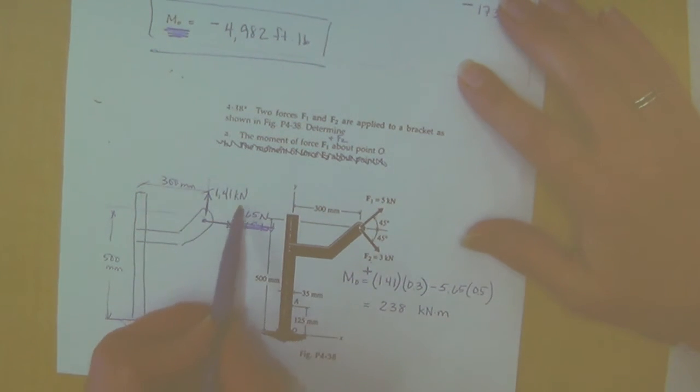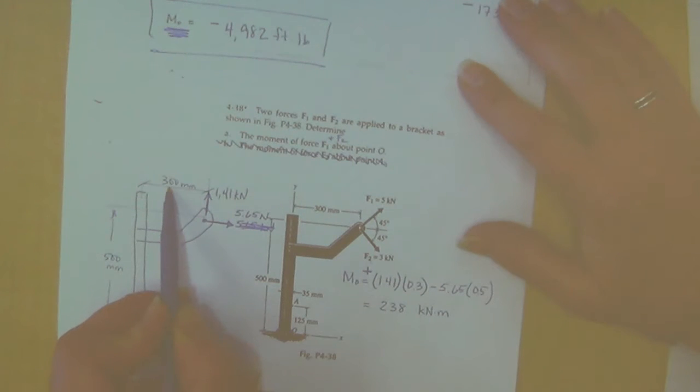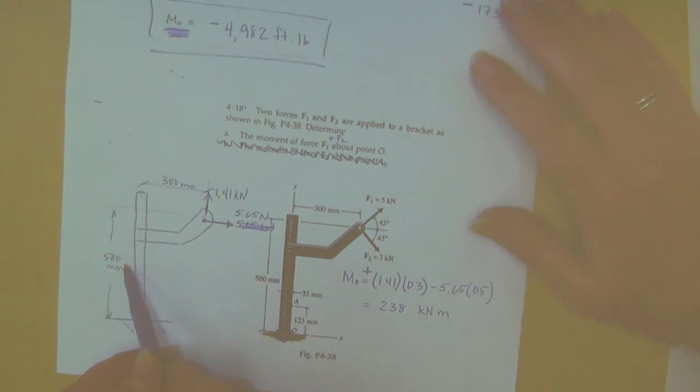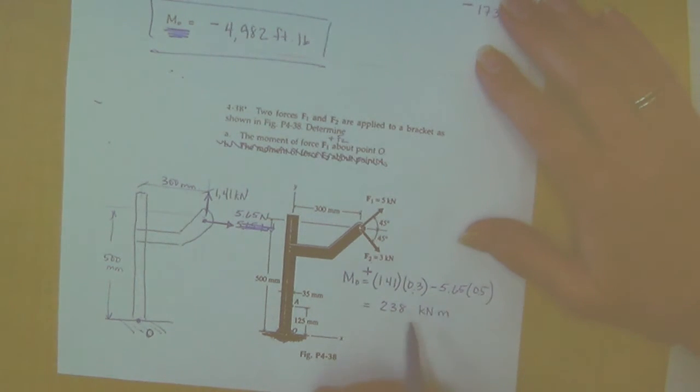It should be kilonewton millimeters if I use the 300 and the 500. But notice what I did is I multiplied it by 0.3 and 0.5 instead. Oh, I see. What value did you get? 2.38? And was it positive or negative? Negative?